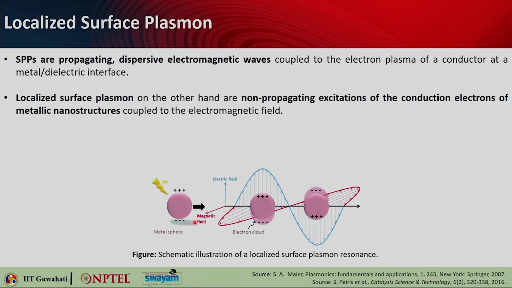Now you can look into this particular figure here. It shows the illustration of a localized surface plasmon resonance. So this is a tiny metallic nanoparticle, and with light falling on it, with the electric field oscillating up and down, the electron cloud is also moving. When the electric field is in this direction, the electron cloud is pushed downwards.